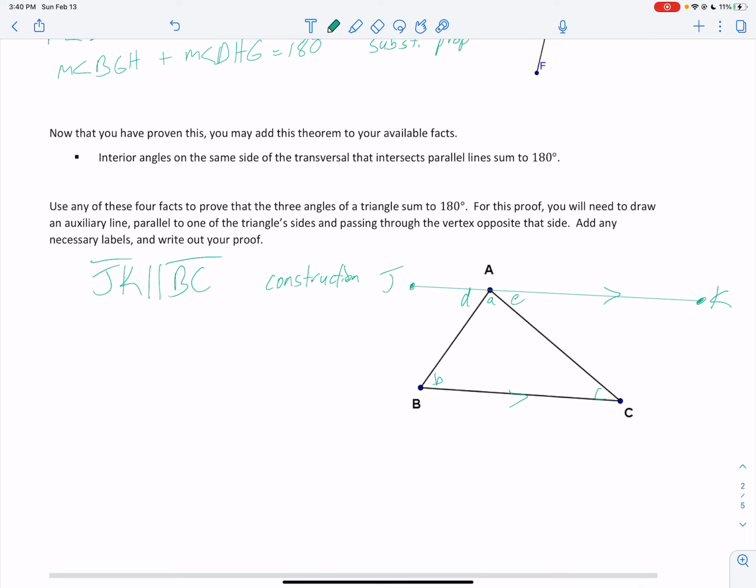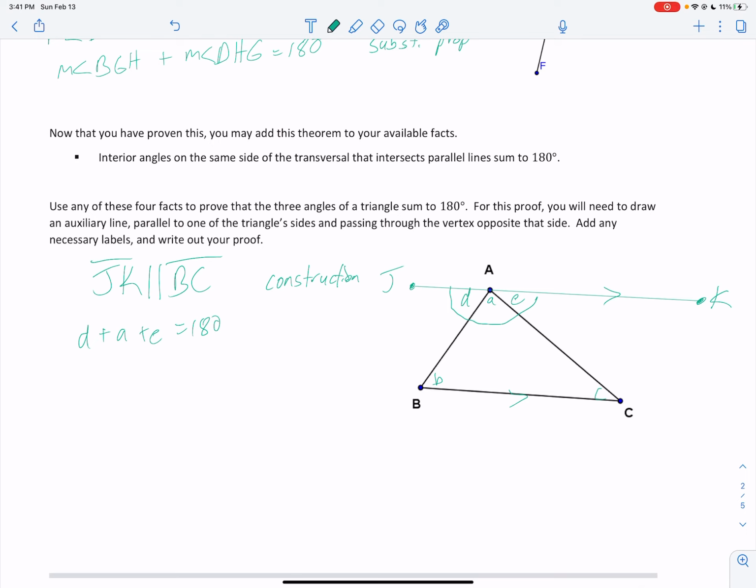So we can't use A plus B plus C is equal to 180, but we can use the fact that these are consecutive angles on a line, and that adds up to be 180. That's always true. So D plus A plus E equals 180. We know that to be true because they're consecutive angles on a line, and that's one of the facts that we can use.